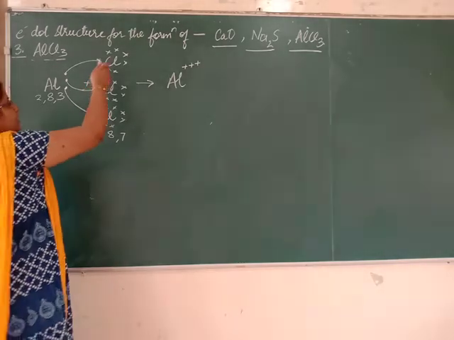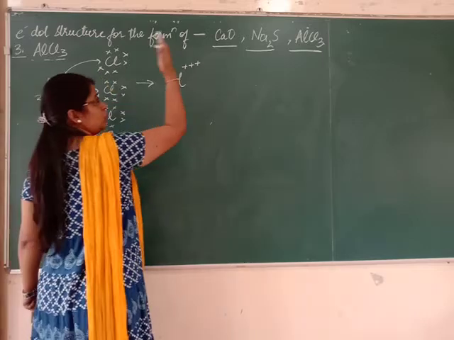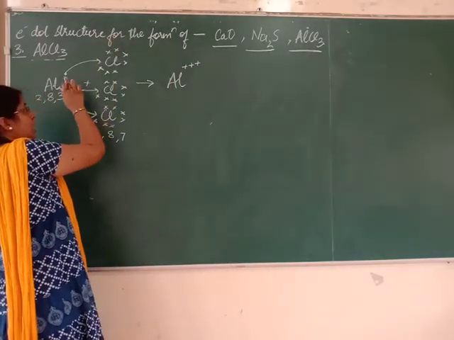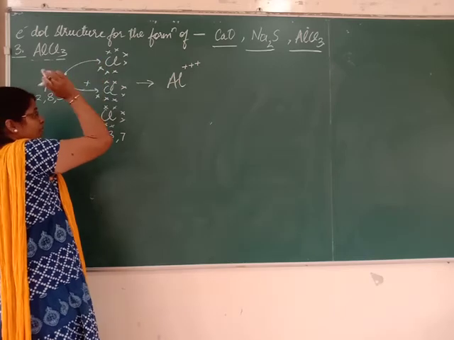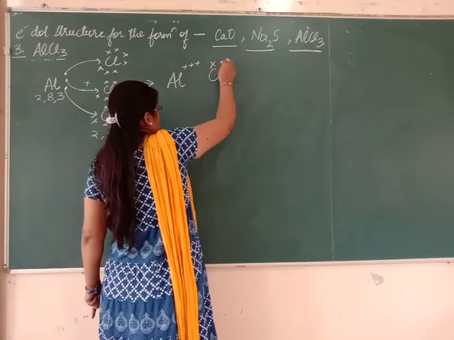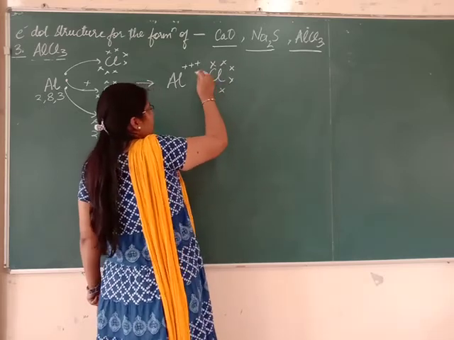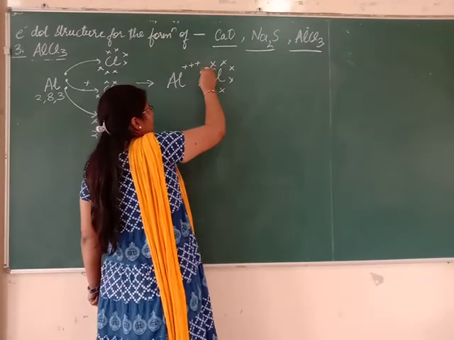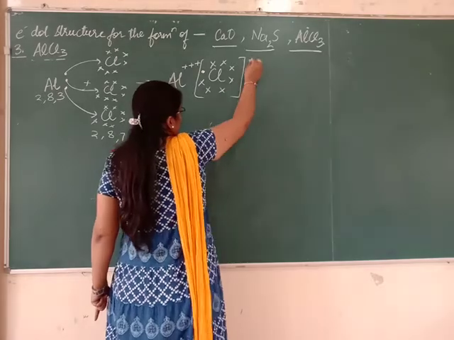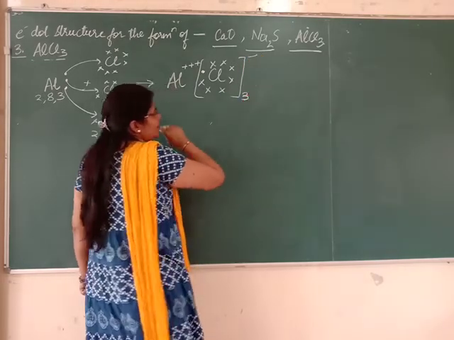And the 3 chlorine atoms you can make like this, with 7 electrons of chlorine and 1 electron of aluminium, or you can also make 1 chlorine atom containing 7 electrons of its own plus 1 electron of aluminium, acquiring a -1 charge, and there are 3 in total.